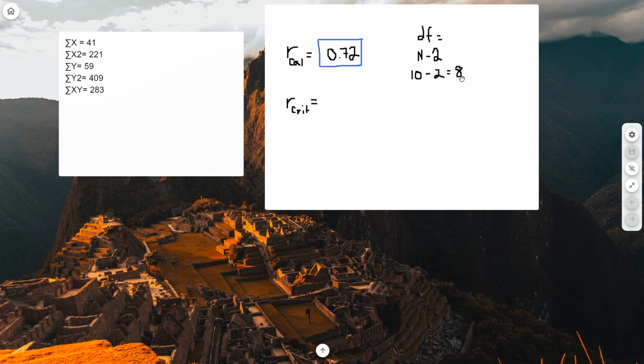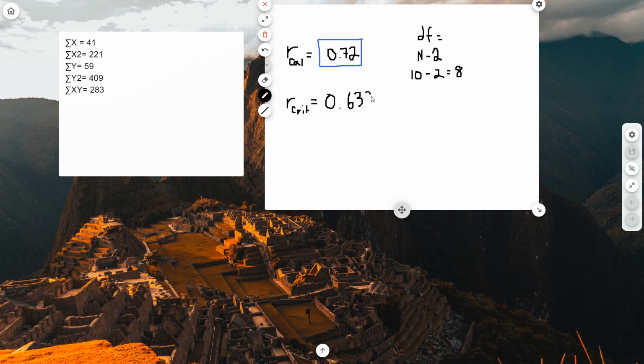Our chart on page 81 has us put our finger on the DF, move down to an 8, and move across to the 0.05. The value we get is 0.632.